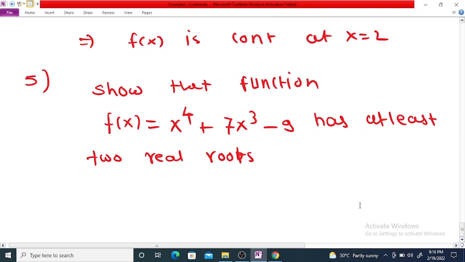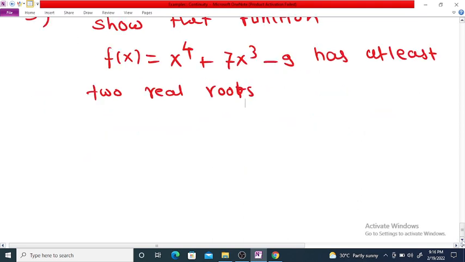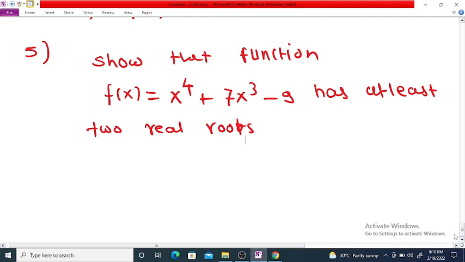Now we want to show here this polynomial function has at least two real roots. Now f(x) is equal to x raised to 4 plus 7x cube minus 9.